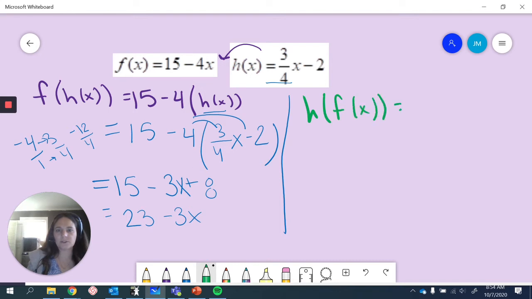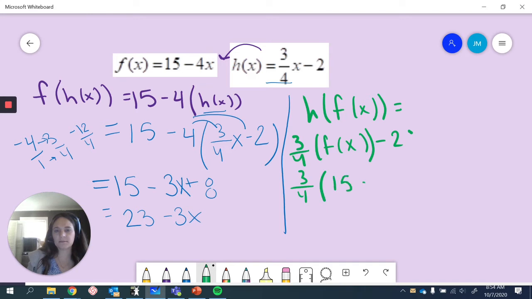Okay, and then we can go the other way and do h of f of x, which means you're going to put the f into the h function. So it's going to be 3/4 times f of x minus 2. So 3/4 times 15 minus 4x, minus 2. 3/4 times 15, so 3/4 times 15 over 1.